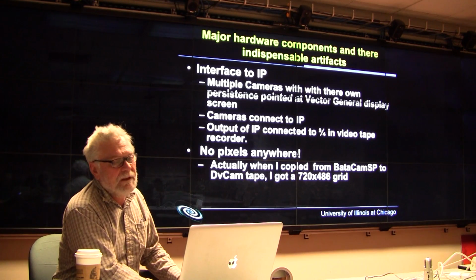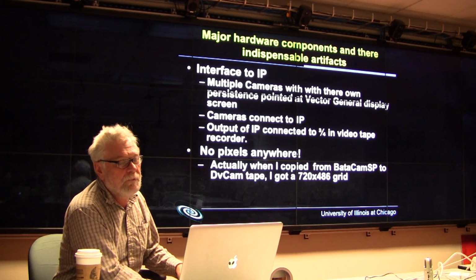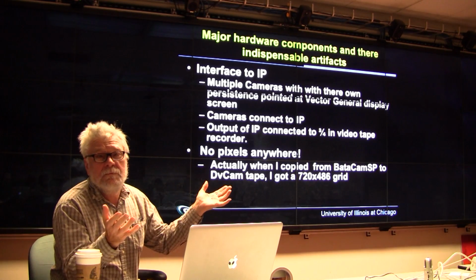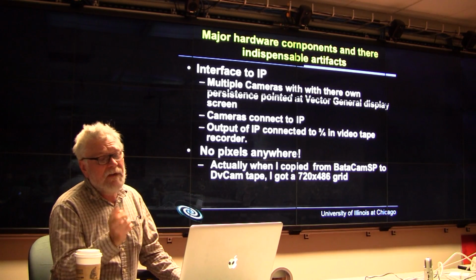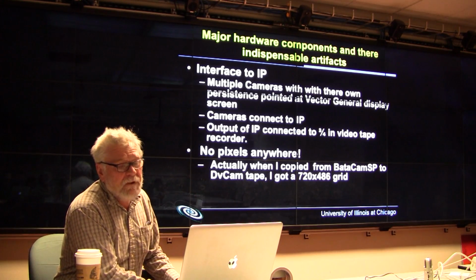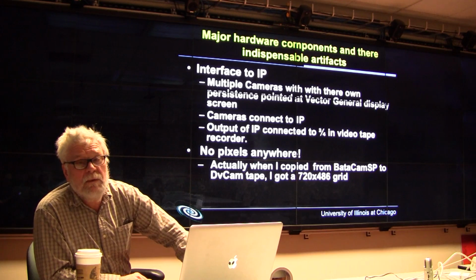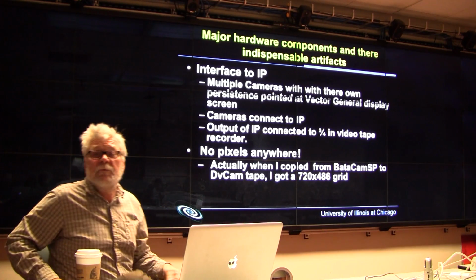Those cameras were connected to the IP, and the output of the IP was connected to a 3/4 inch tape recorder. There were no pixels anywhere. But actually, when I finally copied from Betacam SP, which is a professional analog video recorder, to DVCam, at that point I got a 720 by 486 grid into the system.